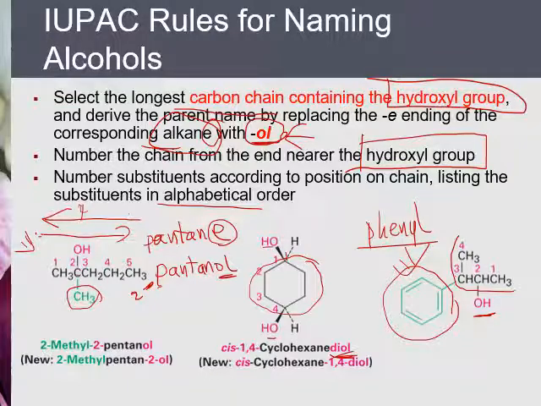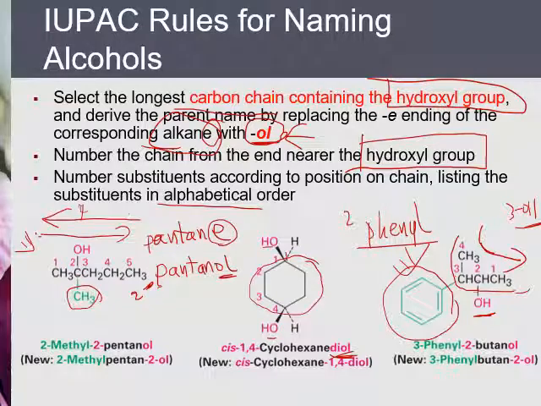If you go from left to right, number 2 is the phenyl and number 3 will be hydroxy. All right, because hydroxy has priority, you should go from right to left and give the hydroxy the number 2 carbon, and therefore this is 2-butanol. Because number 2 has a hydroxy, it's a 2-butanol, and the phenyl substituent is on 3, so 3-phenyl-2-butanol.